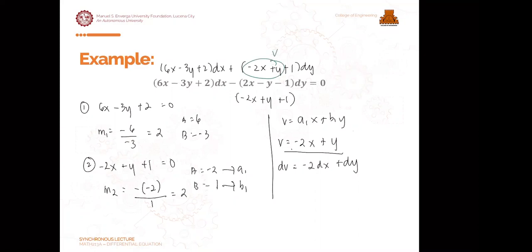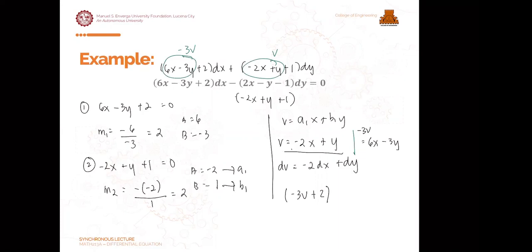And then pag tingnan natin sa first equation, pag times 3 natin yan, kunin natin yung 3v, magiging siya, times natin ng negative 3v. Okay? So magiging siyang positive 6x minus 3y, which corresponds dun sa first equation naman natin, no? So ito magiging negative 3v. So yun yung pwede natin i-substitute. Yung original natin ngayon magiging negative 3v plus 2.